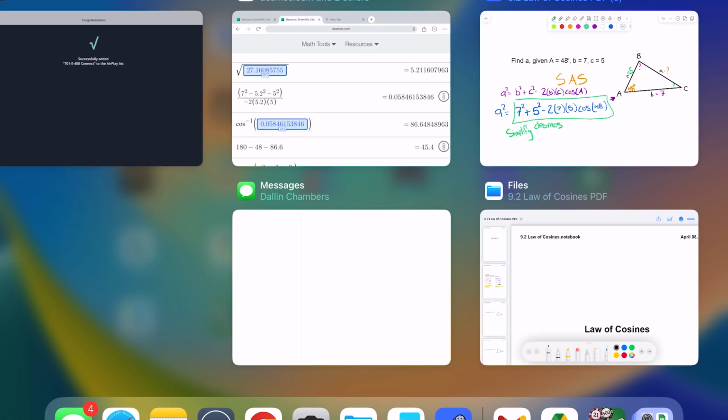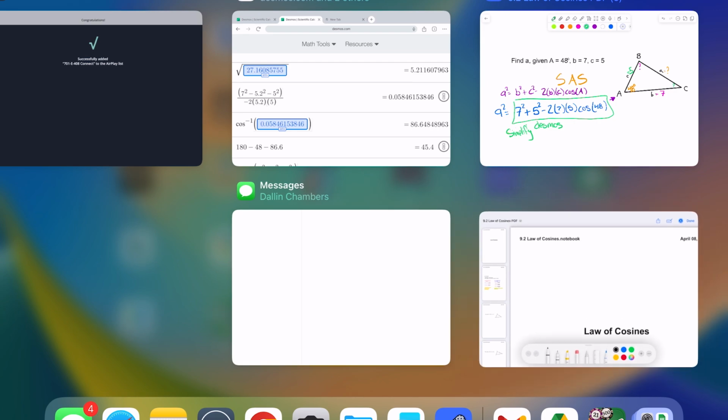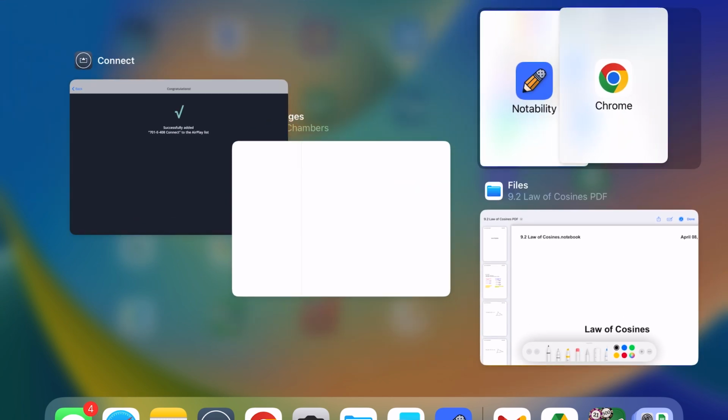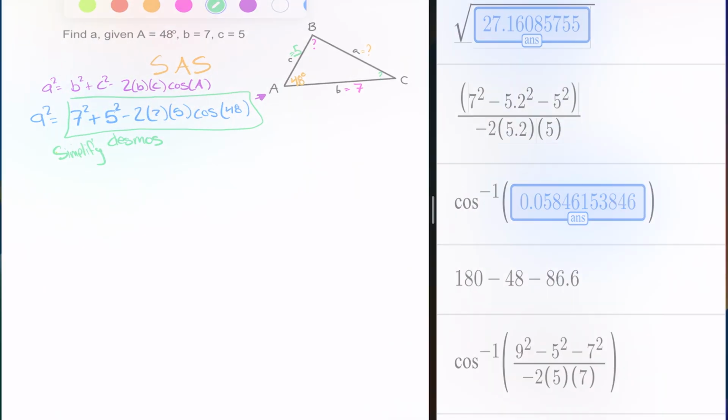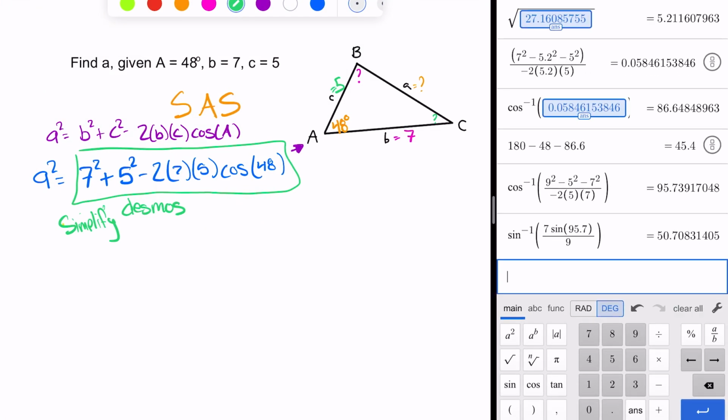So here, I want Desmos. And what I'm going to do is clear this out real quick, and I am going to type this in. Now, I'm not going to get my final answer at this point, which is just fine, but I'm going to go 7 squared plus 5 squared minus 2, and I'm going to do 2 sets of parentheses.